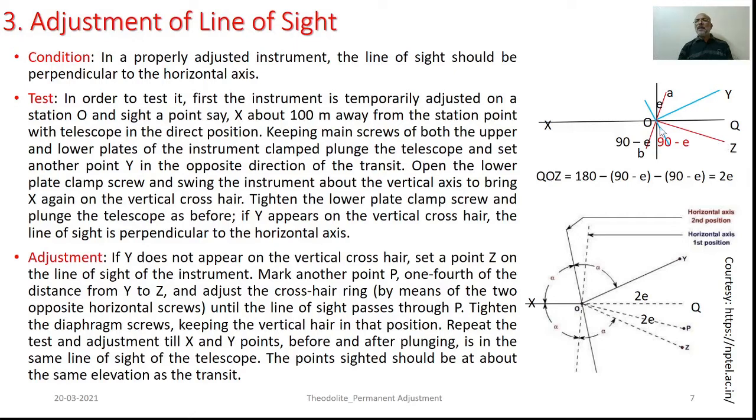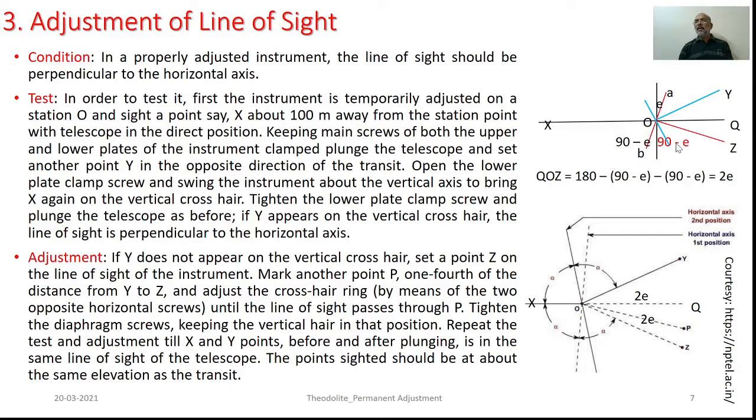So after plunging and marking these particular positions on the vertical surface with face left and face right condition, we should get one and the same position, seen as Q here. If this happens, the line of sight is perpendicular to the horizontal axis. If not so, we have to perform the adjustment.